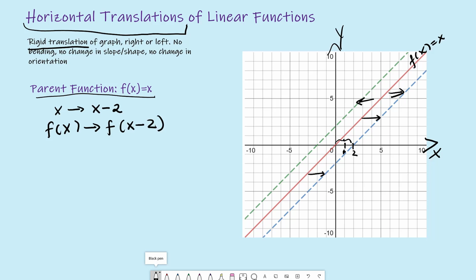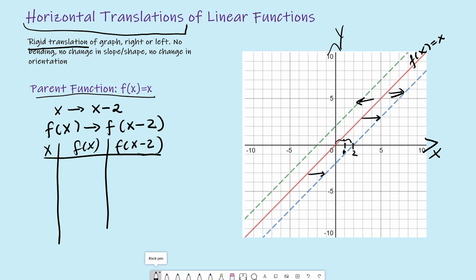What does that mean? Well, we can write a table of x, f of x, and f of x minus 2, and I'll try to use the correct colors here. So if we have x equals 0, 1, 2, and we'll do -1 and -2, then our f of x, which is in red, is just x: 0, 1, 2, -1, and -2.